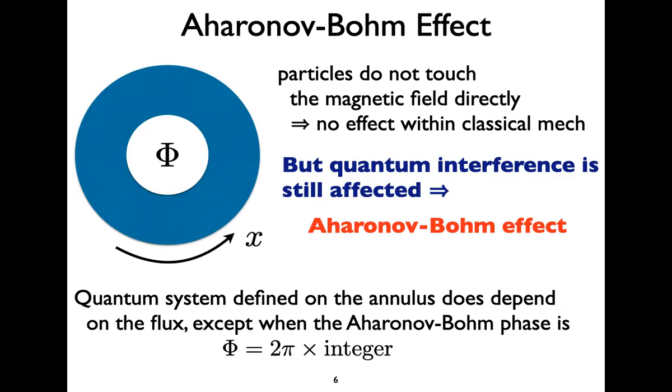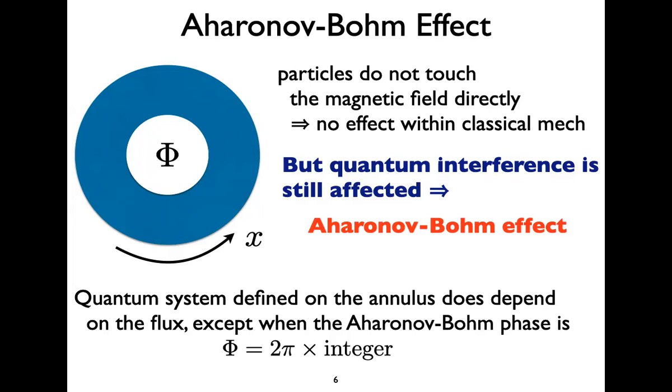And then I can introduce a magnetic flux inside this empty part. This is a very well-known setting in quantum mechanics, because if magnetic flux is concentrated in this empty part, then the actual system is this colored region.